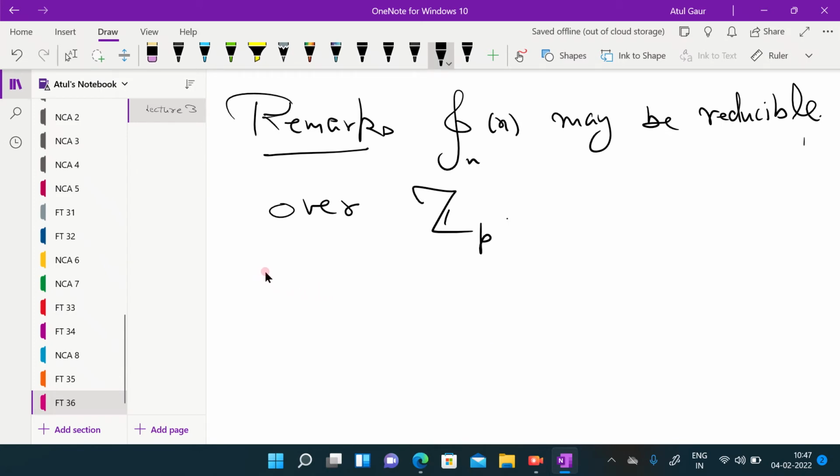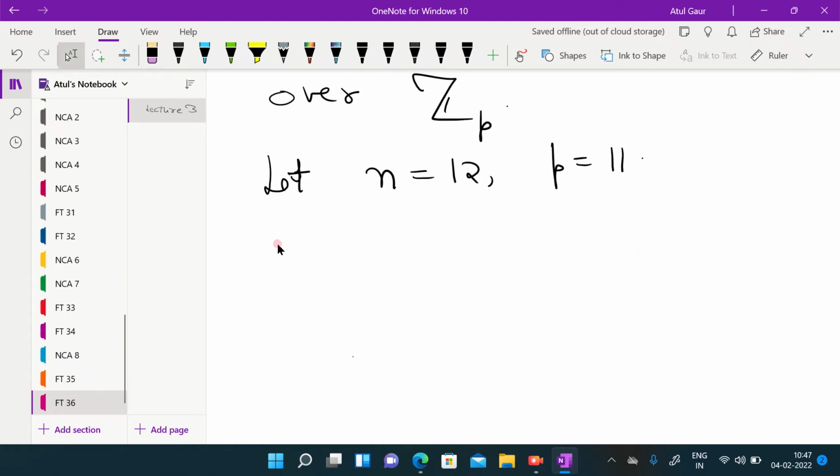If in case you want to see an example, one example is given in your textbook. You take n to be 12, p to be 11, and then you can compute that Φ12(x) is x^4 minus x^2 plus 1. You can verify the calculation.